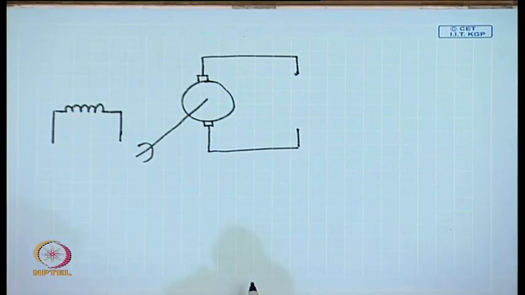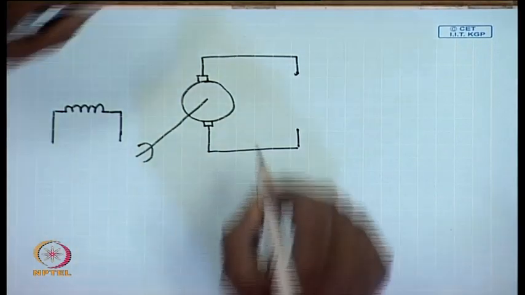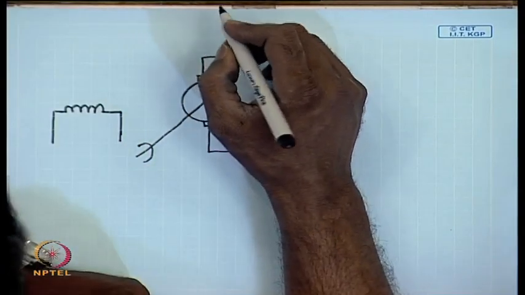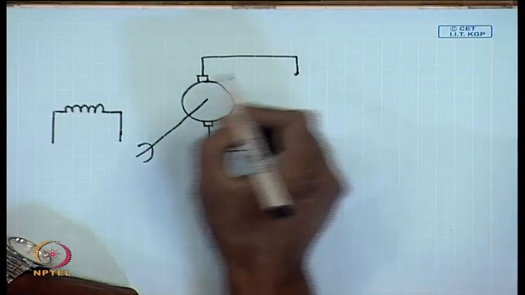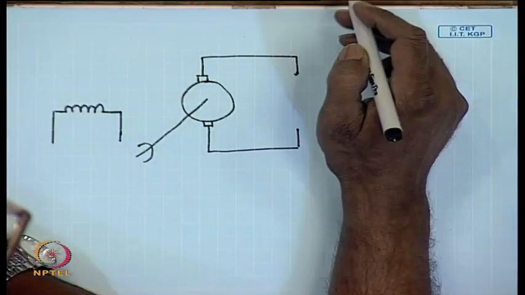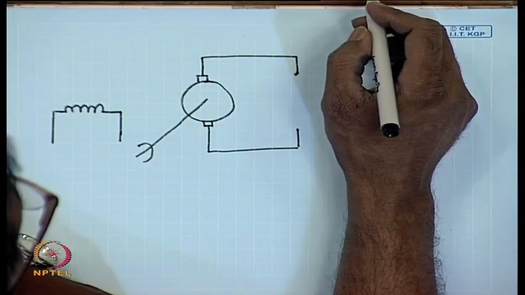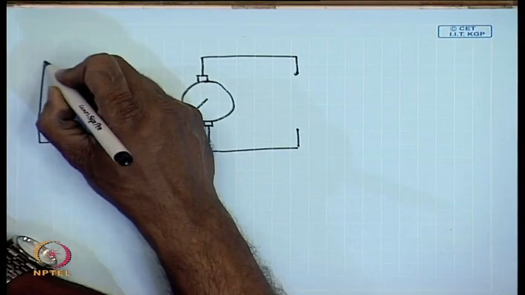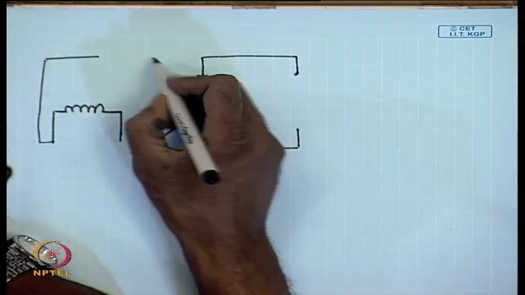However, it is not necessary to excite the field winding from a separate source. Instead, the voltage generated by the generator itself can be used to provide the field current, in which case the connection will look somewhat like this.